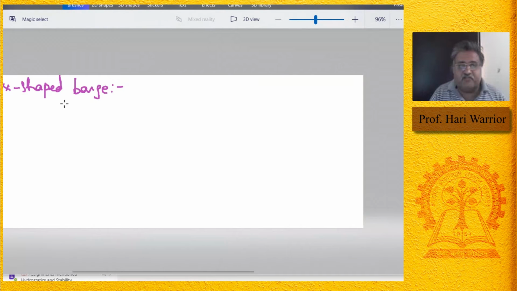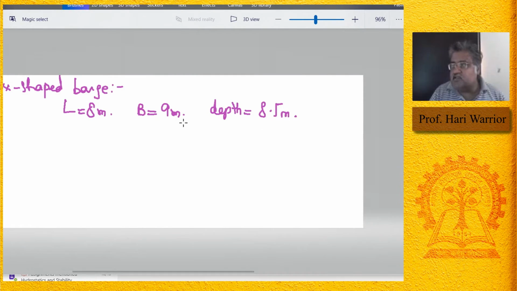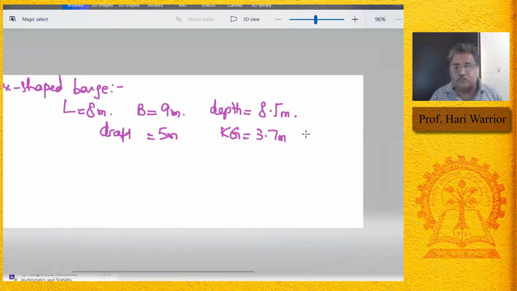It has a length of 8 meters. It has a breadth of 9 meters. It has a depth, okay, not a draft, depth of 8.5 meters, and is floating at a draft of 5 meters with KG equals 3.7 meter in salt water.